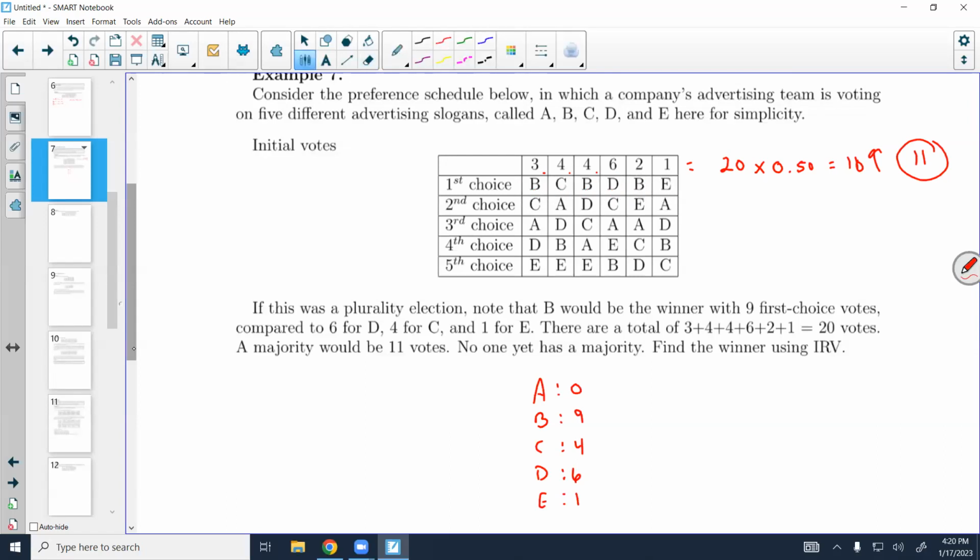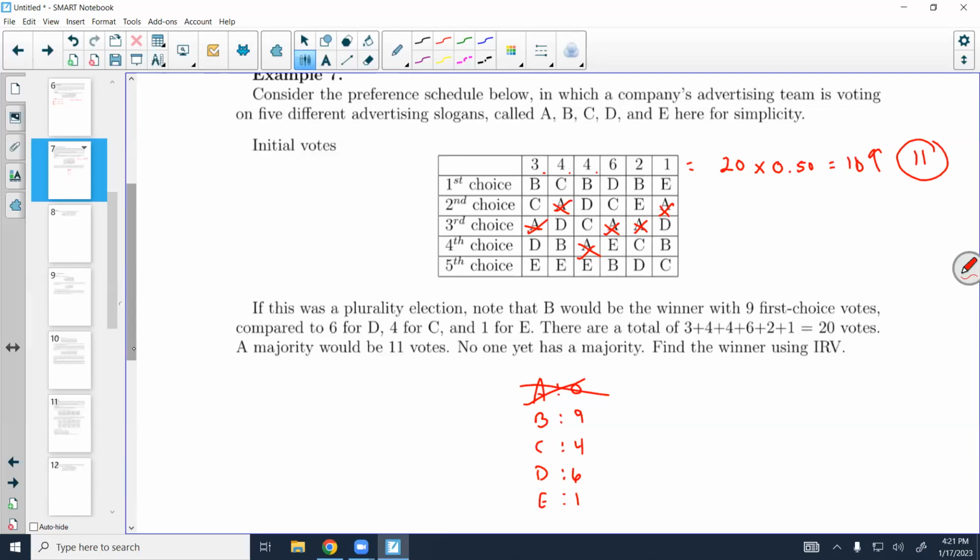Does anybody have 11? And who has the least? A, so we drop A. Now A didn't have any first place votes, so it doesn't change anything. So if we drop all the A's, doesn't really affect anything. So we have the same totals. Does anybody have 11? No, they do not.